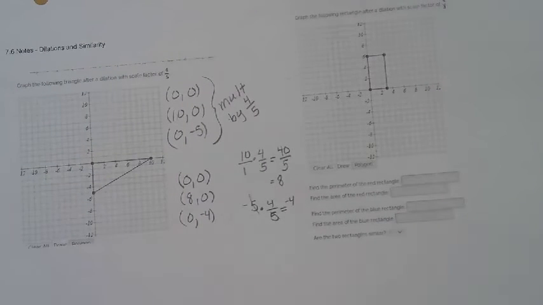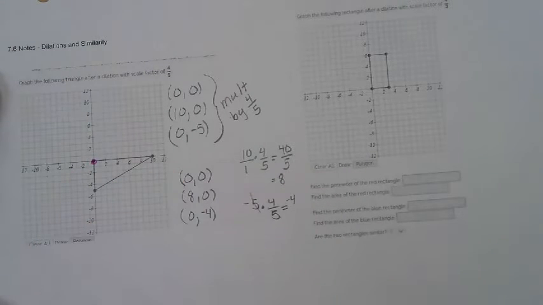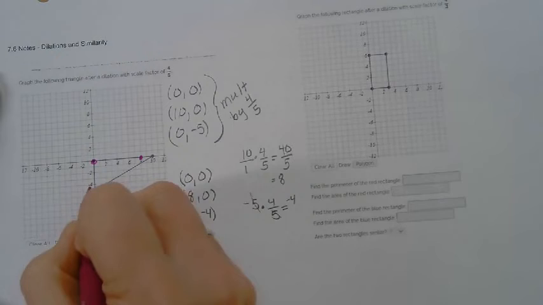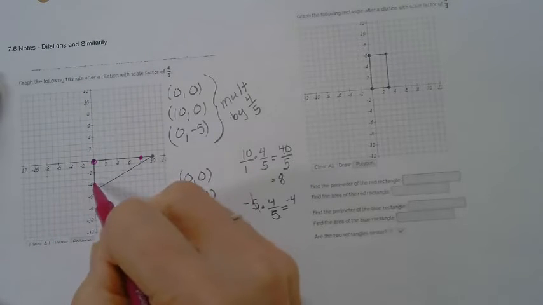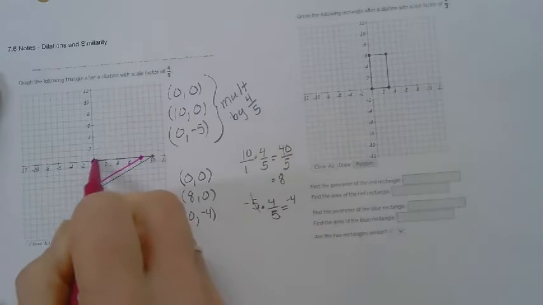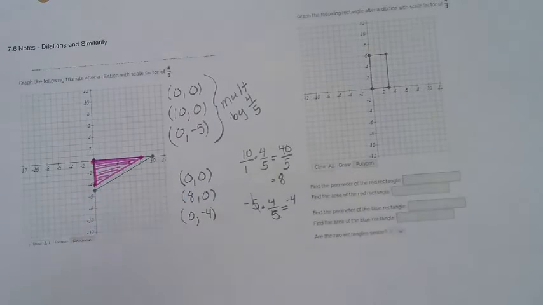Okay, so plot those points now. So I'm 0, 0, 8, 0, -4. There you go.